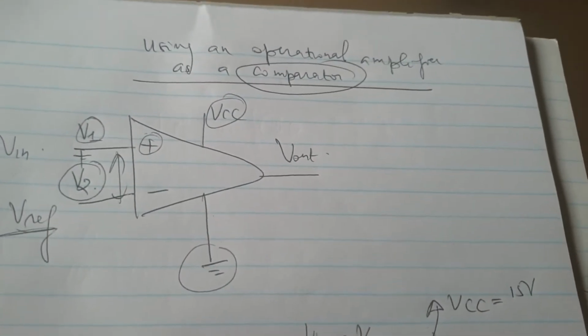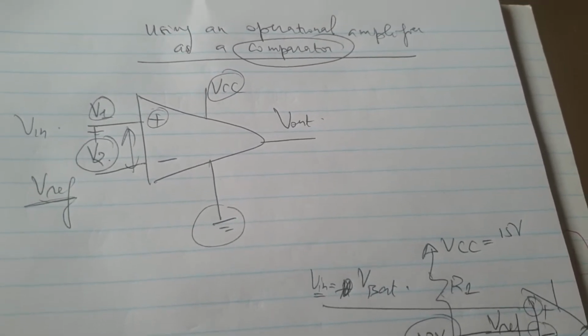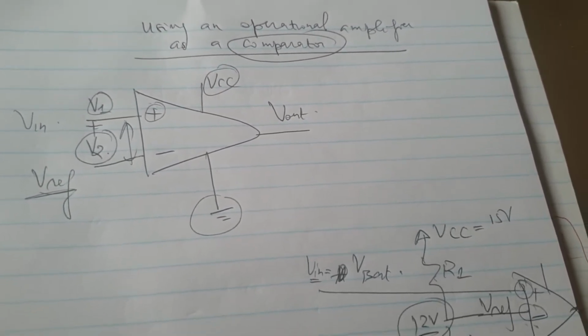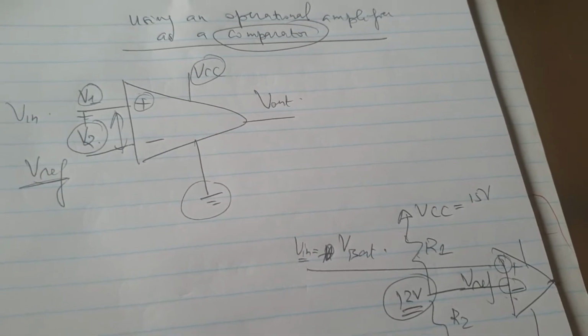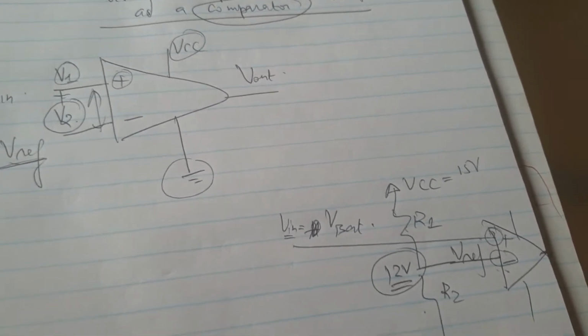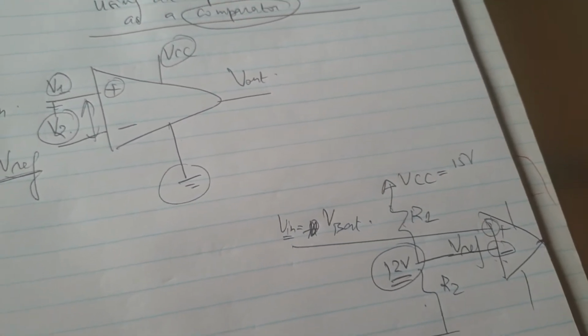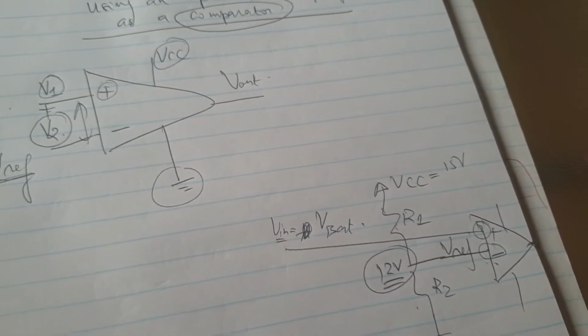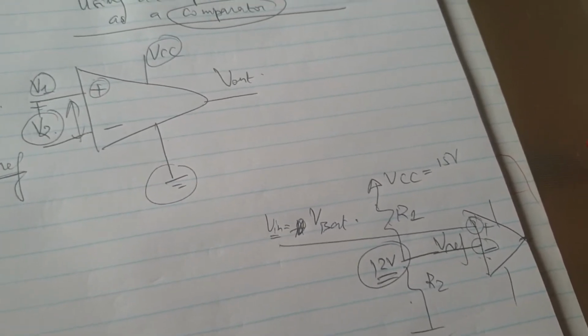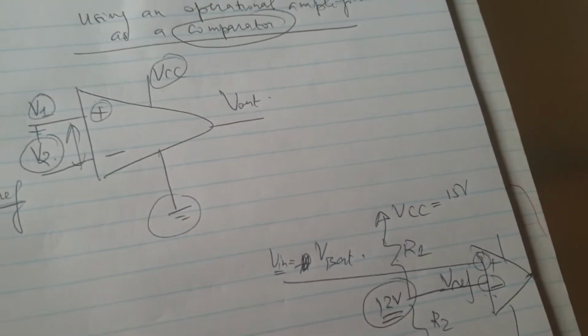That's why the two input voltages can be different, because the role of the feedback resistor is basically to make sure that the two inputs are kept at the same voltage level.